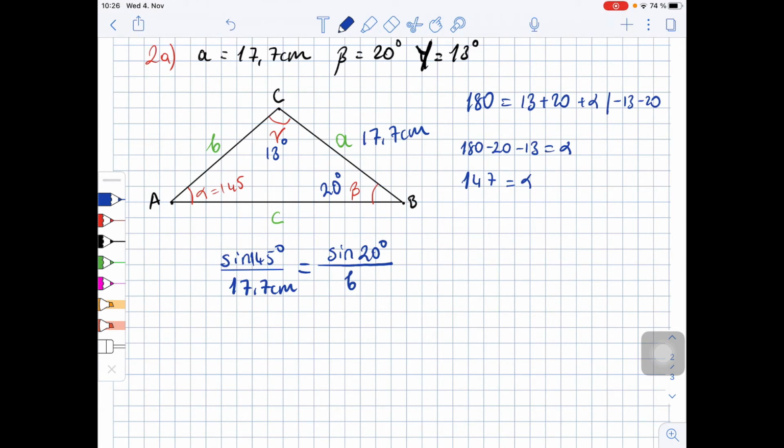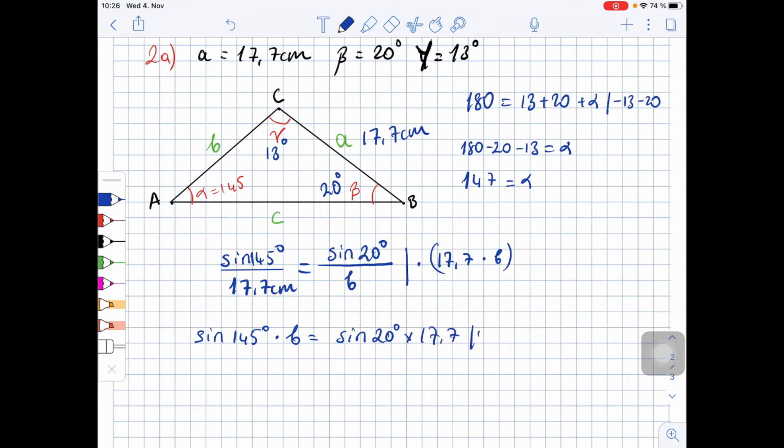Again, Bruchgleichungen, you know how to do this. Multiply by 17.7 times B. When you multiply both sides by this, what is left here? Sinus 145 degrees times B is equal to sinus 20 degrees times 17.7.